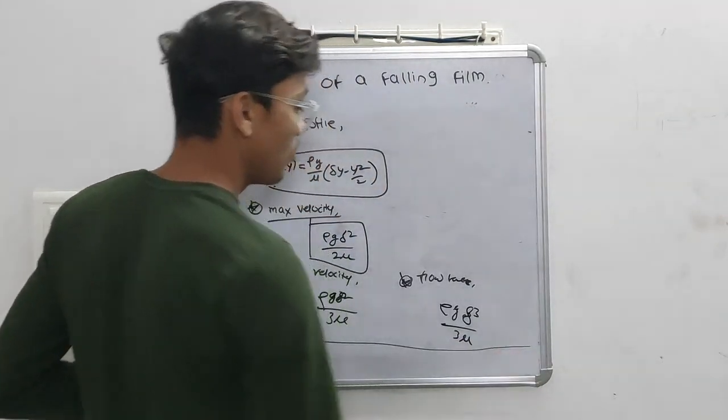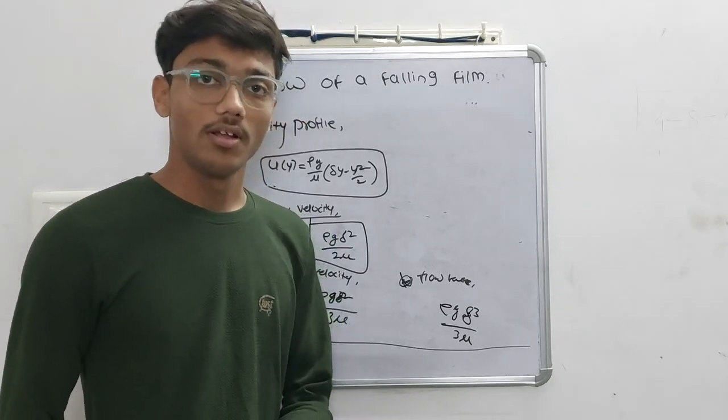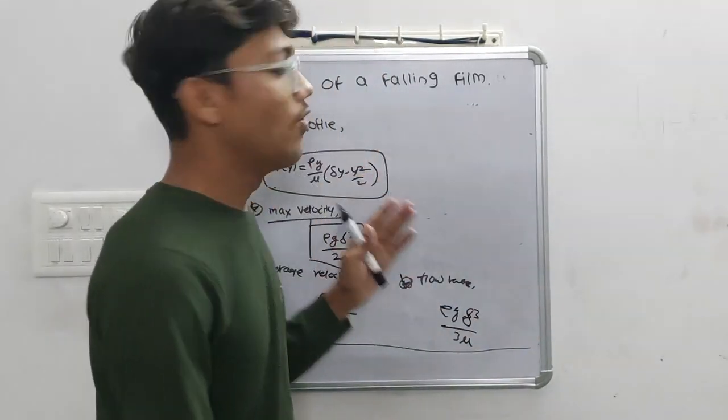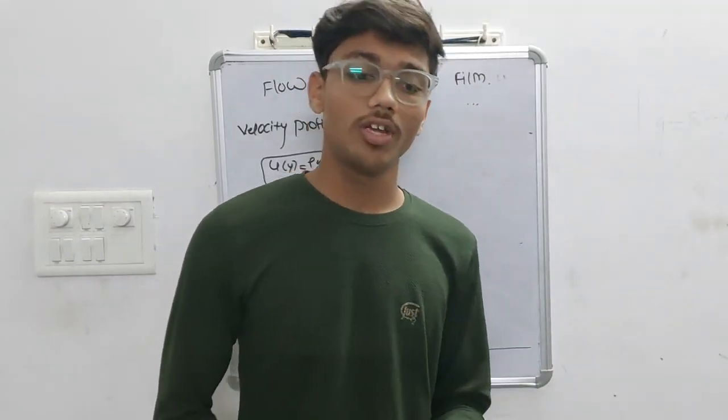So we have solved this question by the Navier-Stokes equation. This completes our derivation for the flow of a falling film using the Navier-Stokes equation.